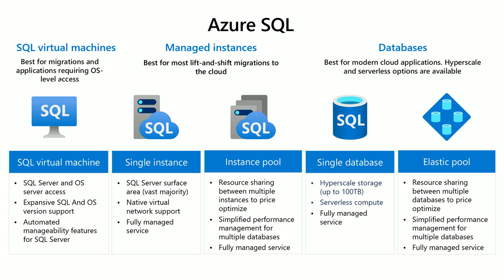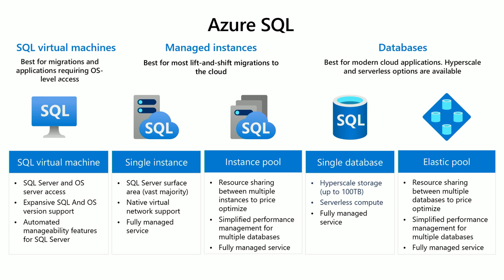So basically, if you look at this slide from left to right, if you have to think where you want to go, the first decision you have to make is whether you want it to be managed by you or by Microsoft. So that'll help you decide which direction you go.